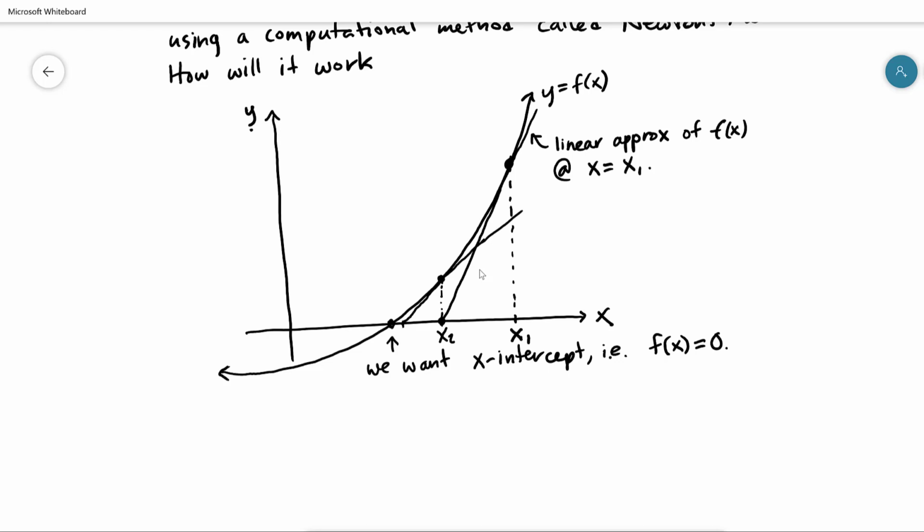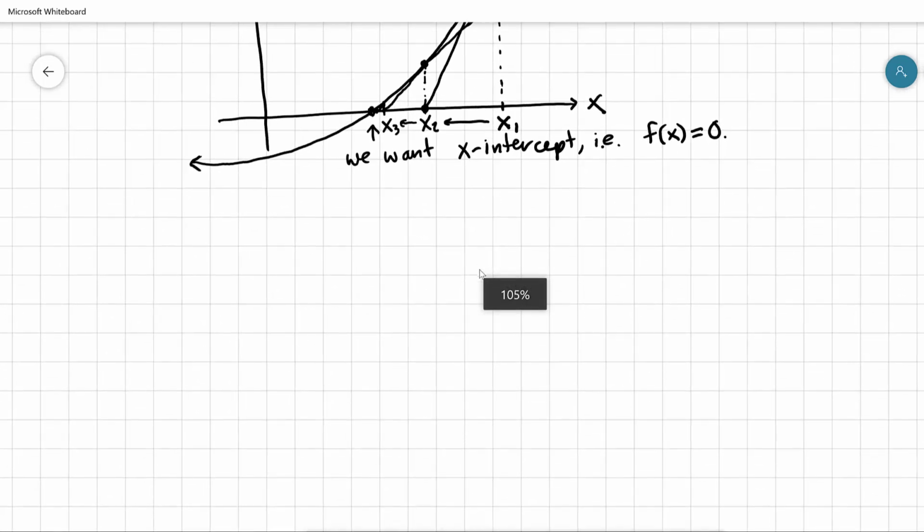It'll give me another point, x3, and you can see we're slowly zeroing in on the correct value. We would repeat this process over and over and over, and eventually we would arrive at the actual point that we're interested in. So this is how the process of Newton's method is going to work. We want to set f of x equal to 0. That's what we're trying to find. So how do we do this?